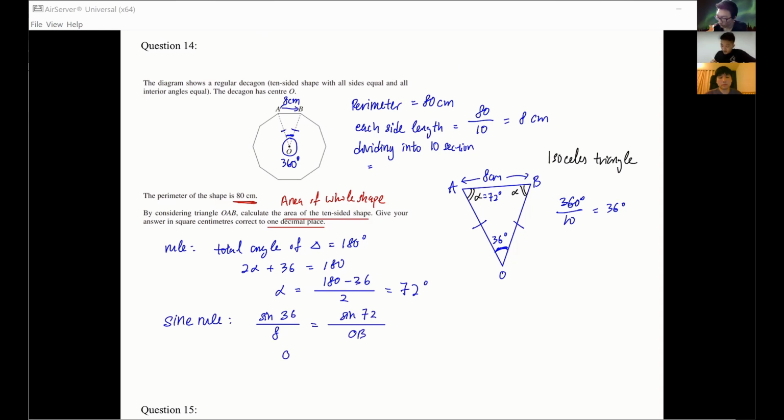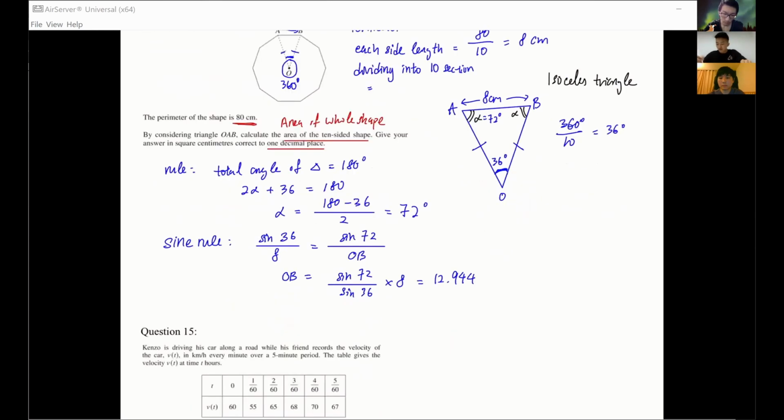OB, you bring this up, and then you bring this down, bring this up. OB is sine 72 divided by sine 36 times 8. That gives 12.944.